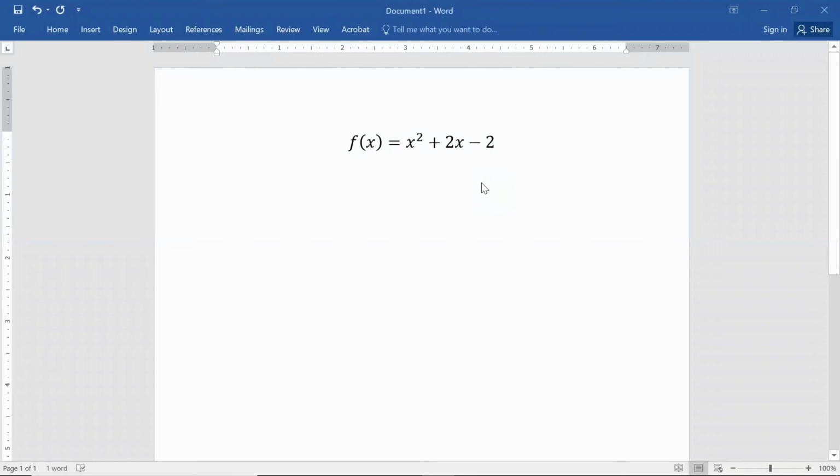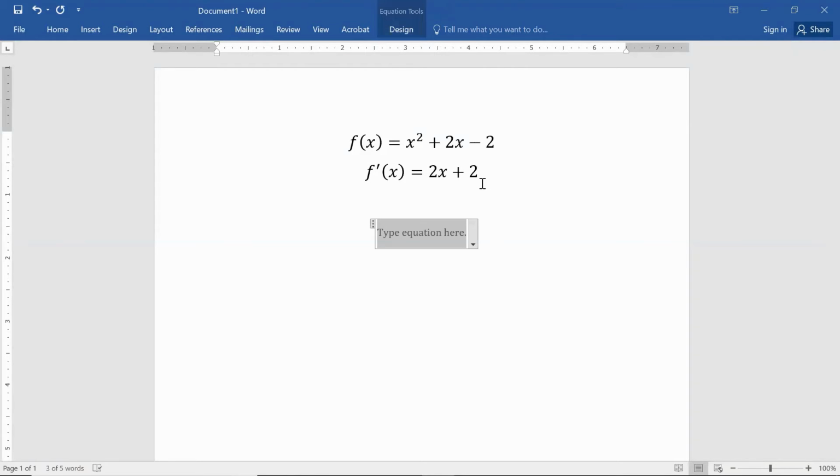Here's our function. Now, before we get started, I'm going to calculate both the function and the derivative, because we need the derivative as well. The derivative is 2x plus 2. Remember, we said our initial guess was 1.